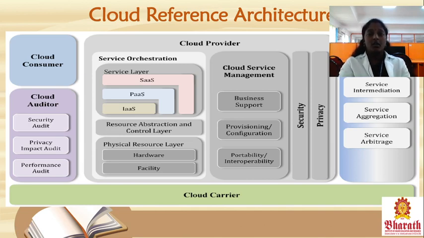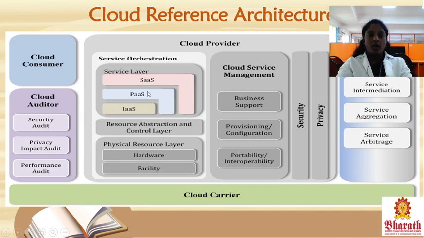The consumer alone can go for accessing cloud services. And the cloud carrier is how all the services are given to the user. It's nothing but the networking things. So these are the four main actors we are going to discuss in this reference model.